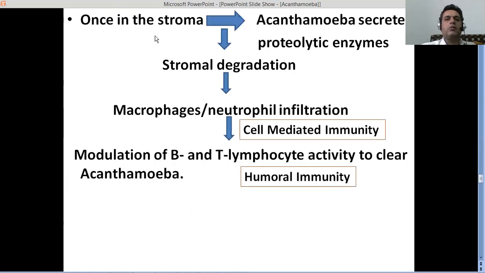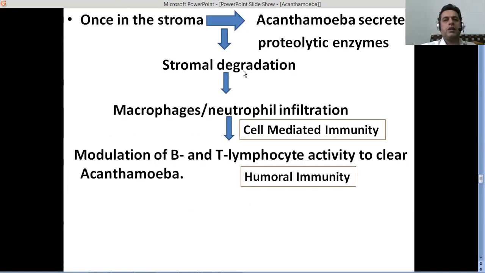So once Acanthamoeba is in the stroma, it secretes proteolytic enzymes. And these proteolytic enzymes bring about stromal degradation.